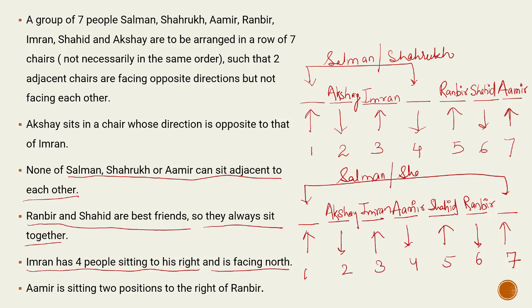So there are 2 possible arrangements here, and in both of them there are 2 seating arrangements possible for Salman and Shahrukh, if we want to make sure that our conditions are being met.